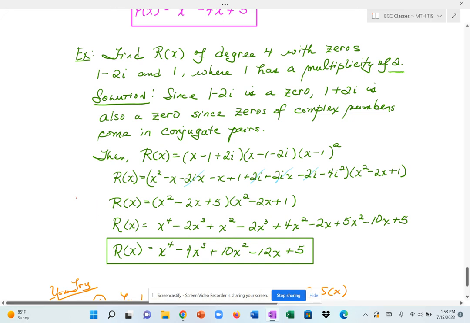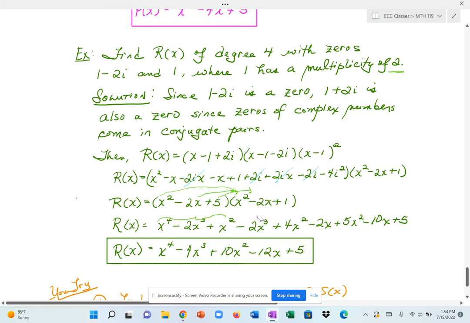We're going to have to distribute the x squared across this. So I get x to the 4th minus 2x to the 3rd plus x squared. So that's the first set. When I distribute the minus 2x, I'll get minus 2x to the 3rd plus 4x squared minus 2x. And when I distribute the 5, I'll get plus 5x squared minus 10x plus 5.